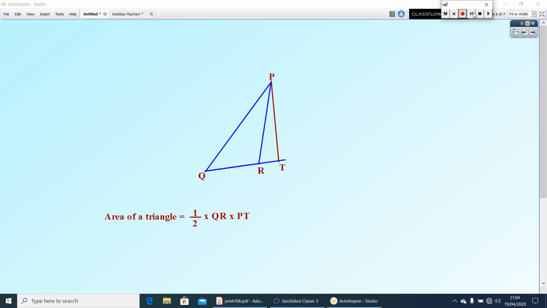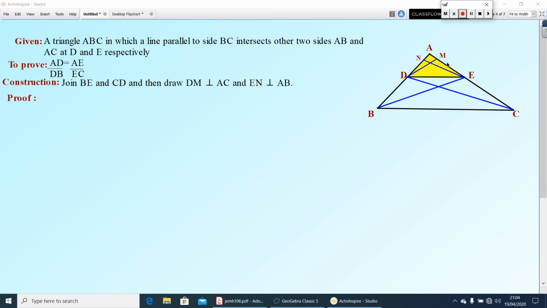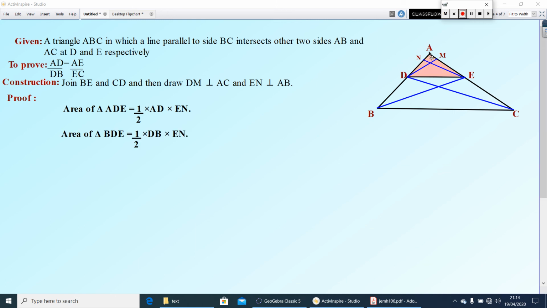Now go back to our proof. First, let me find out the area of ADE with base AD. We can write the area of triangle ADE as half AD into EA. Now let us take the area of triangle BDE with the base BD. Again, let me take the area of ADE with base AE.